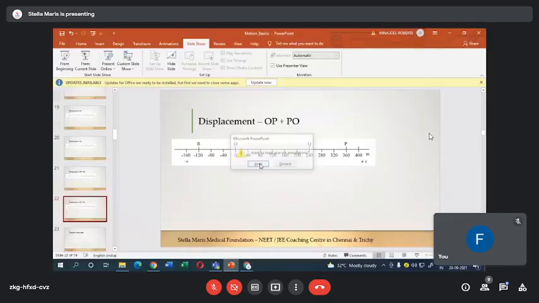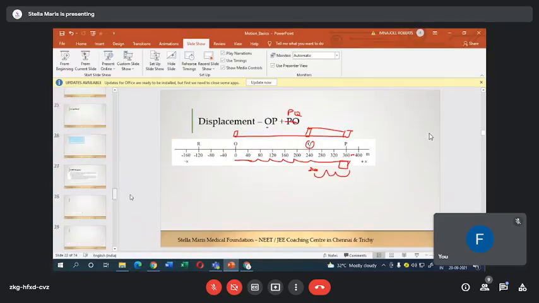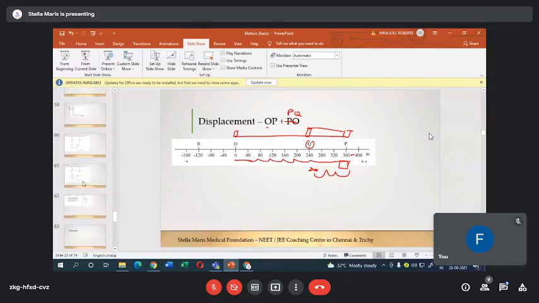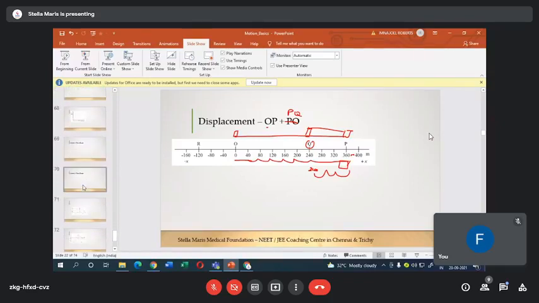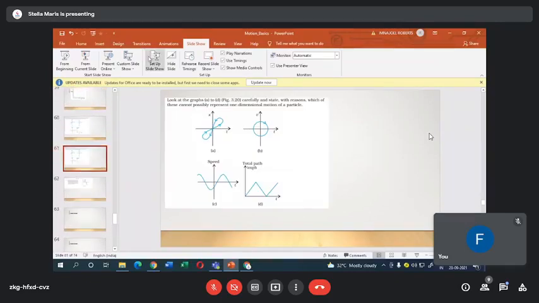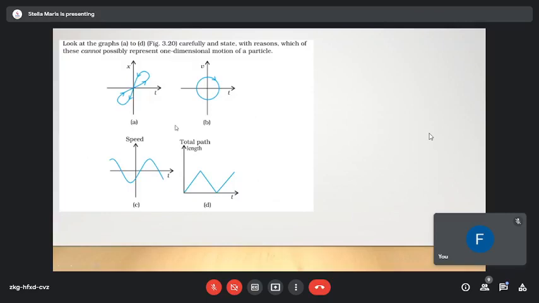Here, I said this is position. If it is position, it increases. Let's say this is 0 to 20 meters. The position increases from 0 to 20 here, and it decreases.